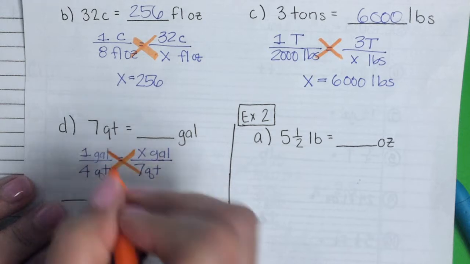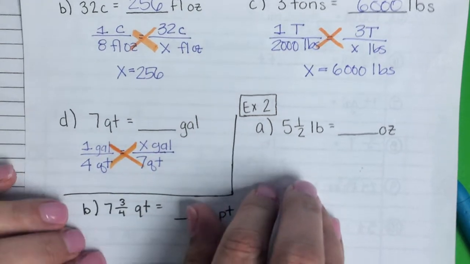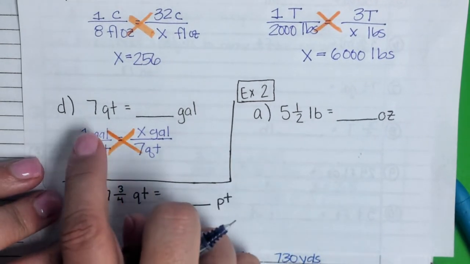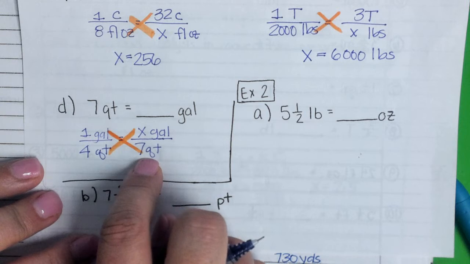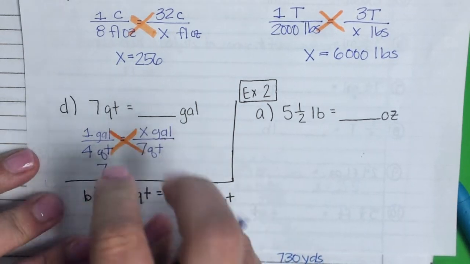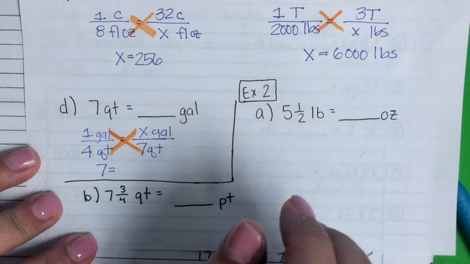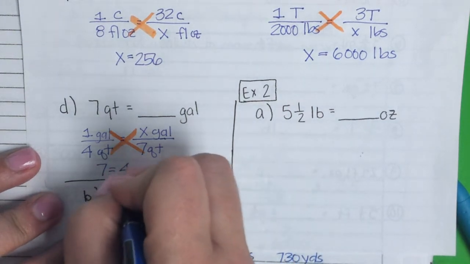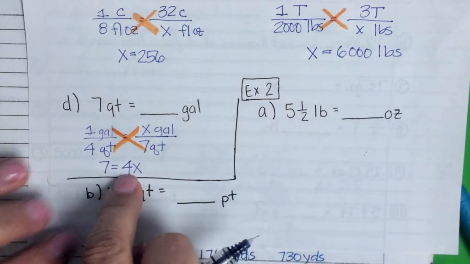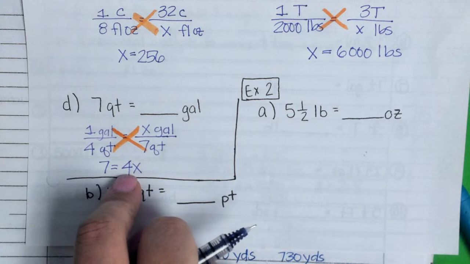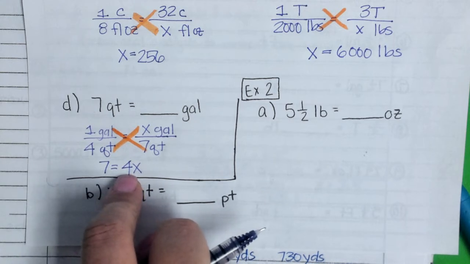So again, we cross multiply. Now, this is where you're going to have to divide to solve it. What is 1 times 7? 7. Okay, what is 4 times x? 4x. Now, earlier we didn't have a number times our variable. Now we do.